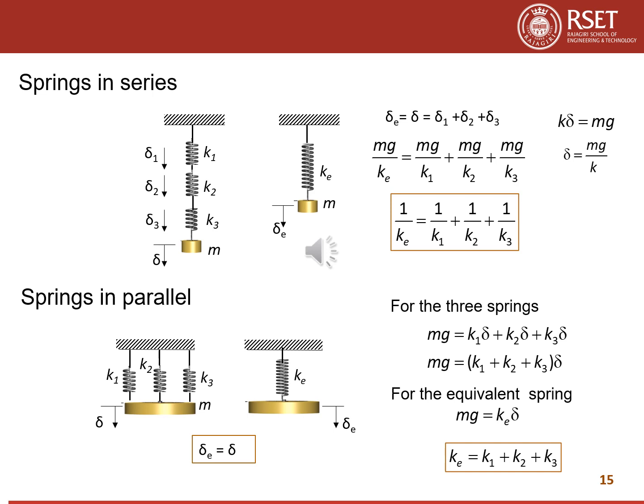Writing down the equations, mg is equal to K1 delta plus K2 delta plus K3 delta. That is, mg is equal to (K1 plus K2 plus K3) into delta. Now equating both of them, we write Ke is equal to K1 plus K2 plus K3. So these are the 2 equations for springs in series and springs in parallel.